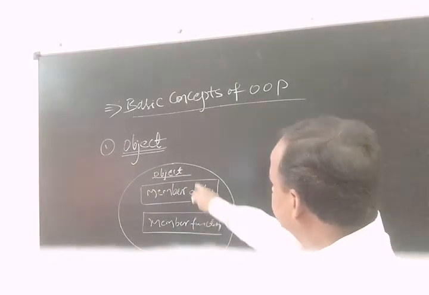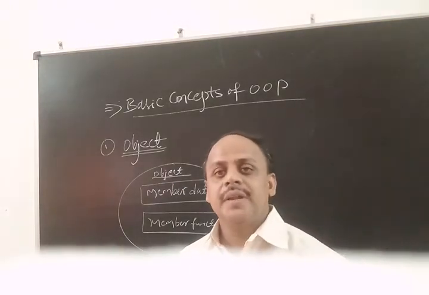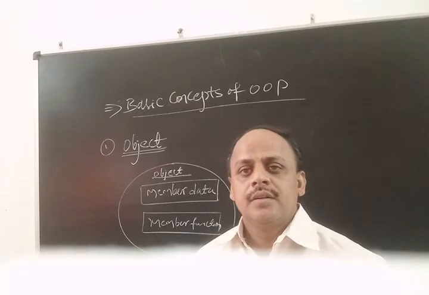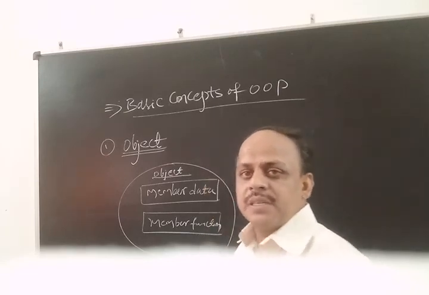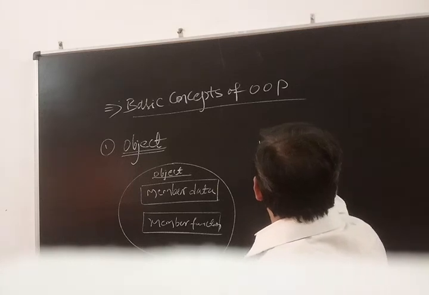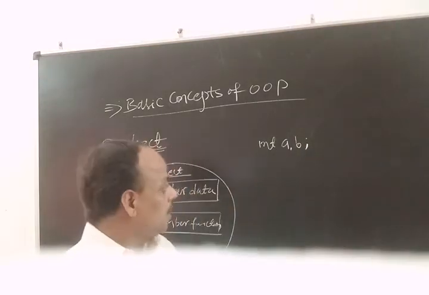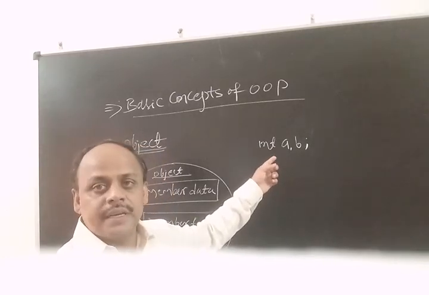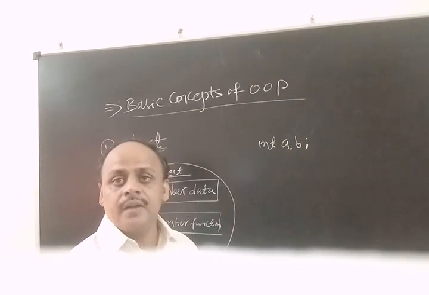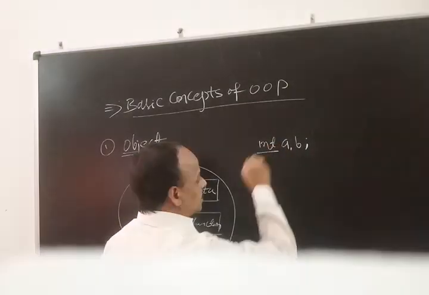See here, an object is nothing but a class variable. For example, in C++, let us consider one statement: int a, b. Here a and b are variables of type int.